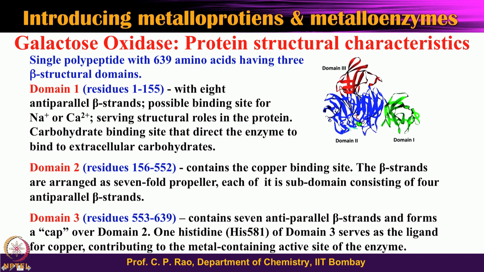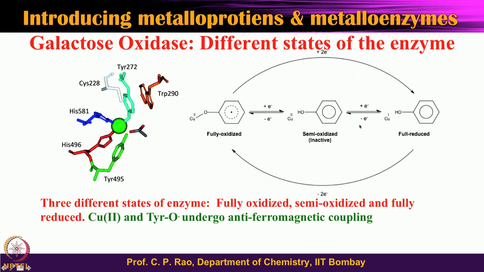When the reaction goes on, initially the copper needs to be bound here, so the lid will open up. When the copper is bound there, it will close, and it can do both of these things. During the reaction it will close. Once the reaction is finished, to remove the product it will open. So, the closing and opening is by domain 3, domain 1 is where the carbohydrate binds, and domain 2 is the reaction center.